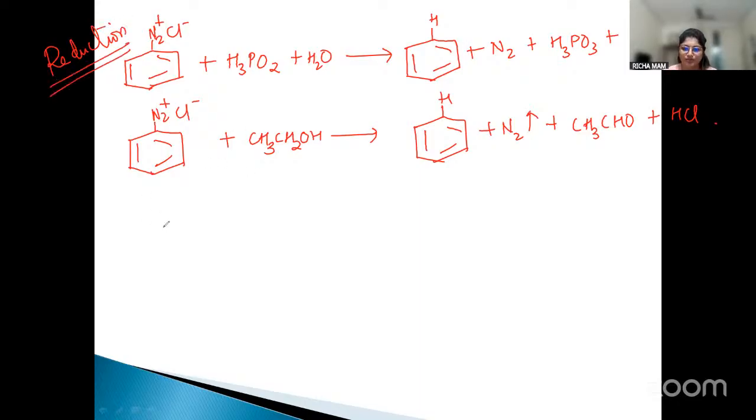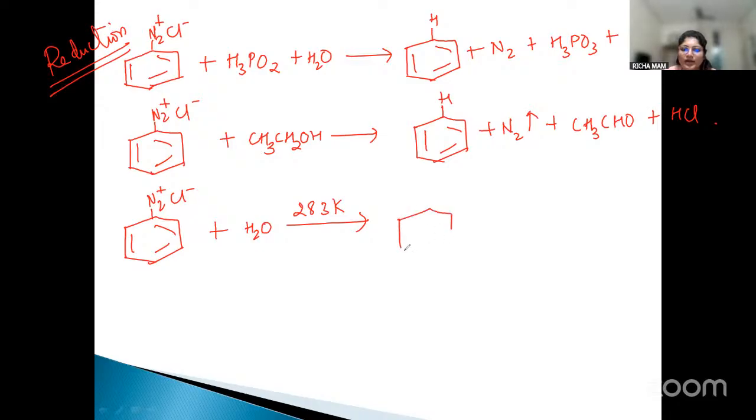Now let us see replacement by the hydroxyl group. Again, take benzene diazonium chloride, N2+ Cl-, and react it with water at 283 Kelvin.